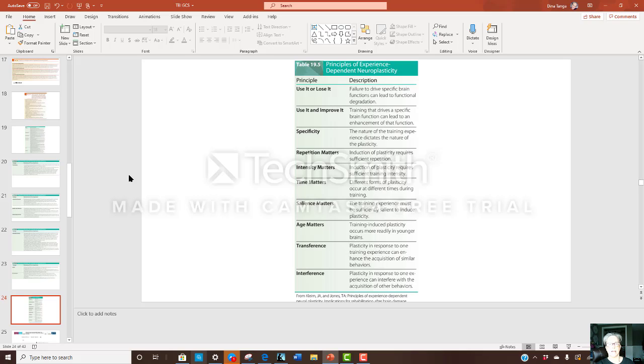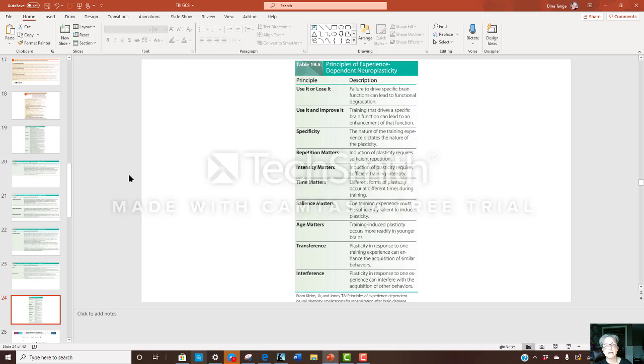Specificity. Hate that word. The nature of the training experience dictates the nature of the plasticity. Repetition matters. Induction of plasticity requires sufficient repetition.